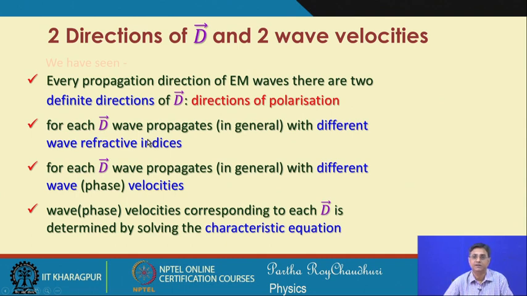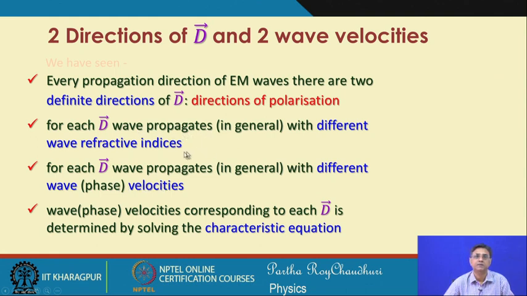Because the refractive index and the wave velocity are connected with the free space velocity, for each d the wave propagates in general with different wave velocities or the phase velocities, that is c by n is equal to the wave velocity or the phase velocity.